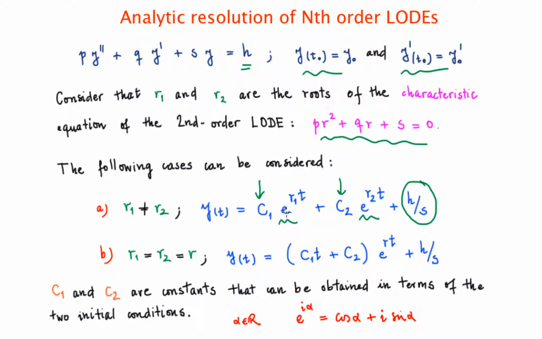But as we have two imaginary exponentials, we can combine the constants in a proper way so that the solution is also real. So a real solution can be written in terms of two different imaginary exponentials. Again, if the roots of this characteristic equation are imaginary, it's allowed, and we can write the general solution in terms of two imaginary exponentials.